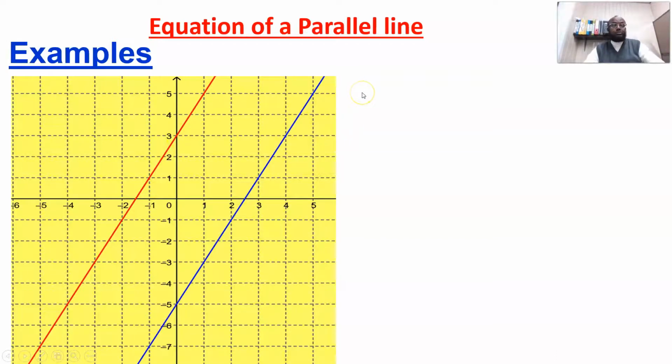If we start with the red line, we can simply say the intercept of the red line is 3.